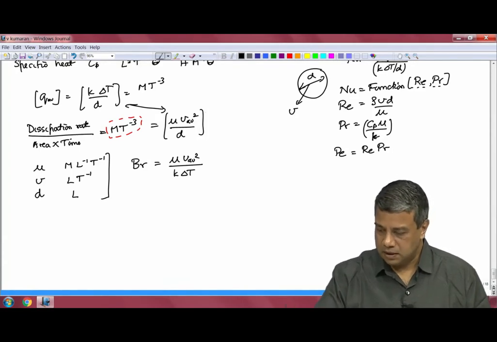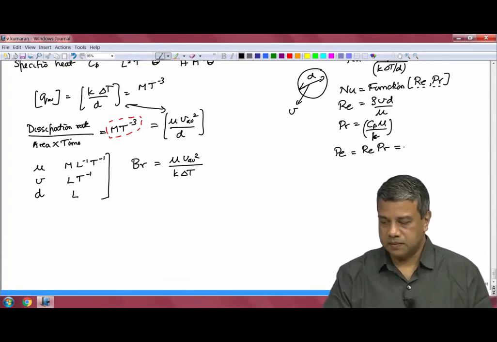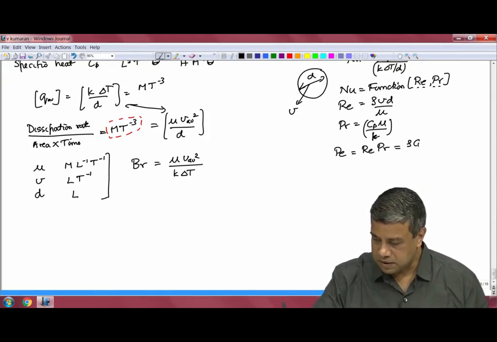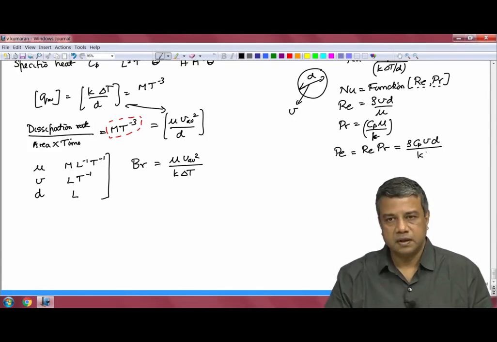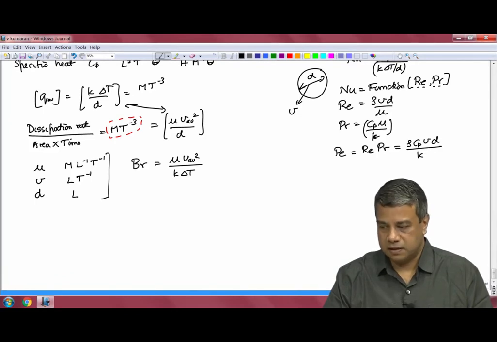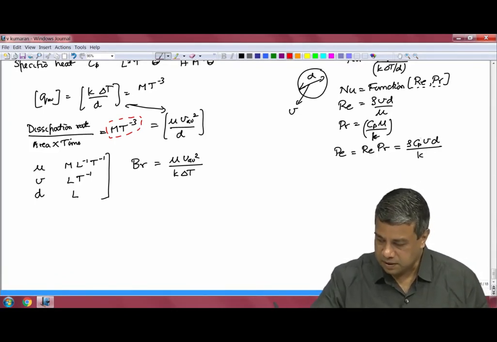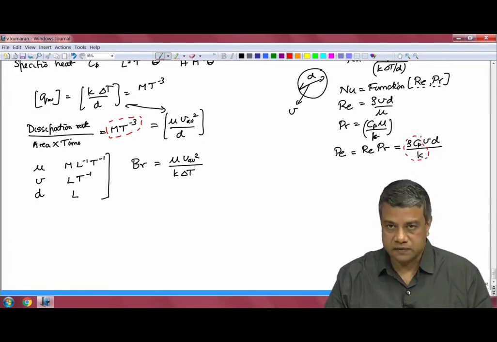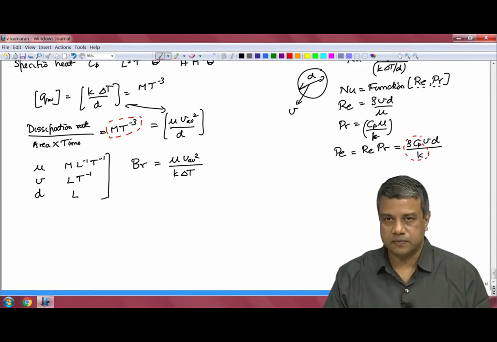If I multiply the Reynolds number by the Prandtl number, what I will get is rho Cp V d by k. This parameter, k by rho Cp, is equivalent to the diffusivity that I had in the mass transfer problem. We will see that this is a thermal diffusion coefficient.